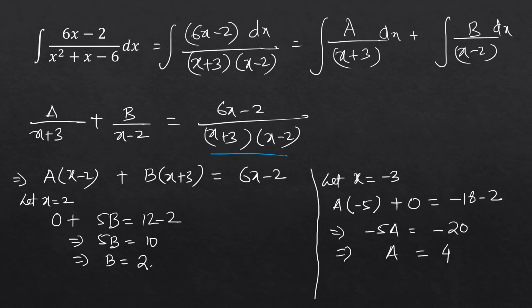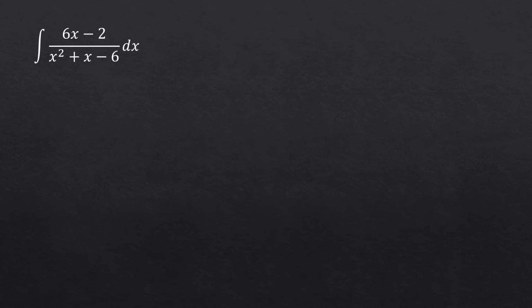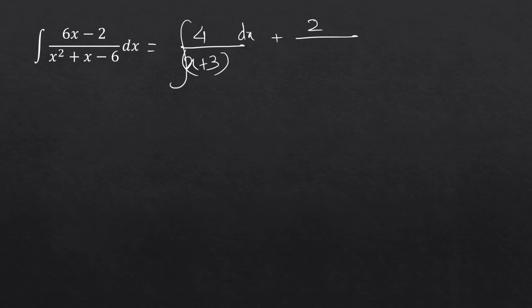So now we will substitute these values back in the equation. So we have got a is equal to 4. So we will write it as 4 over x plus 3 dx, and here we will have plus 2 over x minus 2 dx, and we will find their integral.